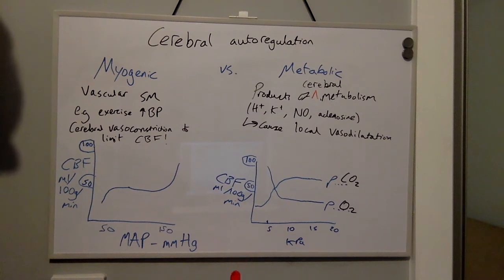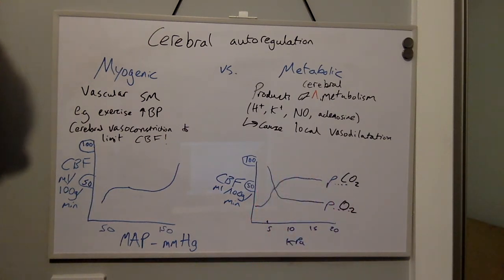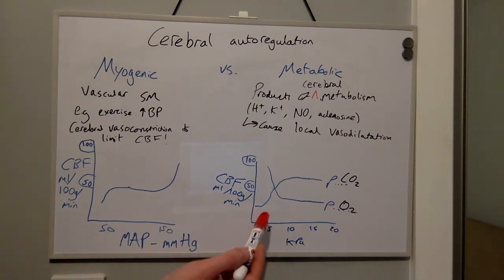Above a PaCO2 of 5, there is a rise of the cerebral blood flow, as we can see on the diagram here. This is why in head injury patients, it's important to keep the PaCO2 between 4.5 and 4 in order to prevent fluctuations in the cerebral blood flow.